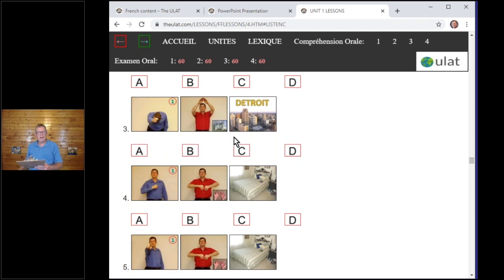C was tu habitais, and again, wrong subject. This is not tu, and I forgot to chop off the end of the verb in that statement. That's wrong. And then vous habitez à Détroit. Actually, this is the only problem.